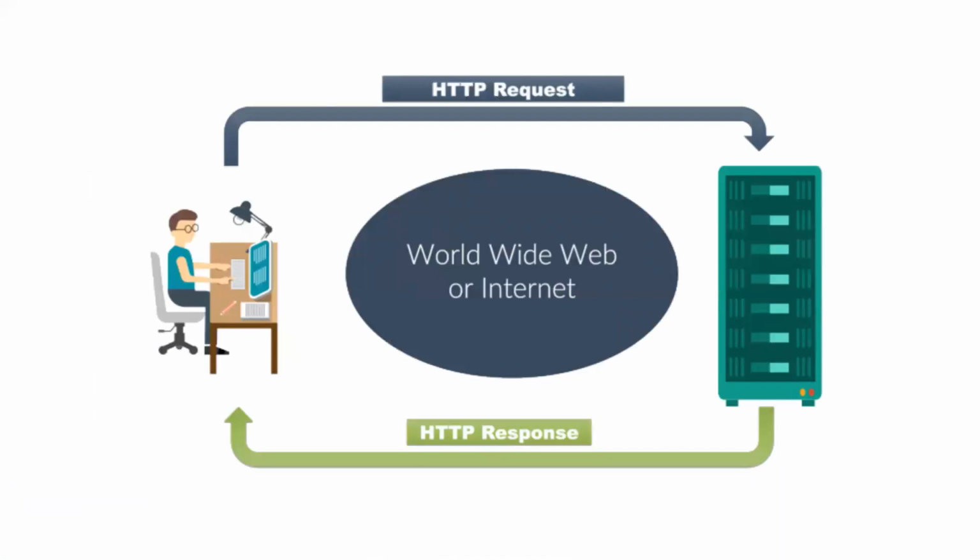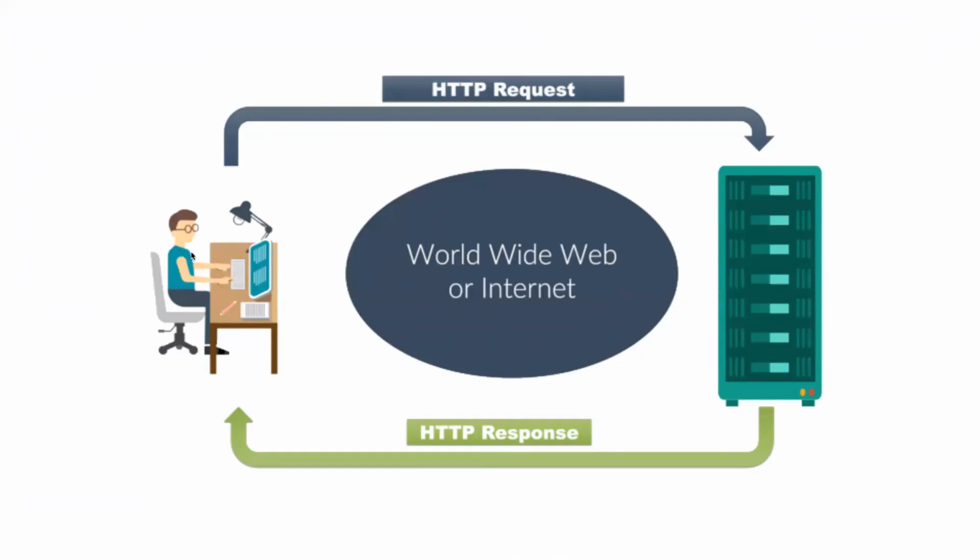Okay, first a little bit of vocabulary. Very simple. You have a client. For the first part of this lecture anyway, the client I'm going to be talking about is your browser. And your browser creates an HTTP request. That's the first thing that happens.